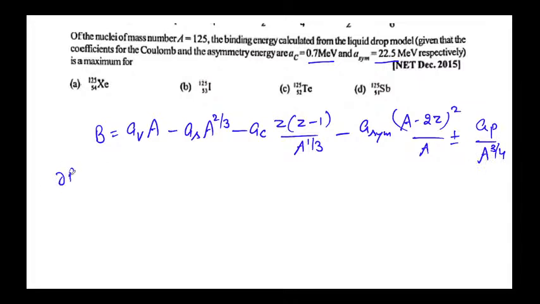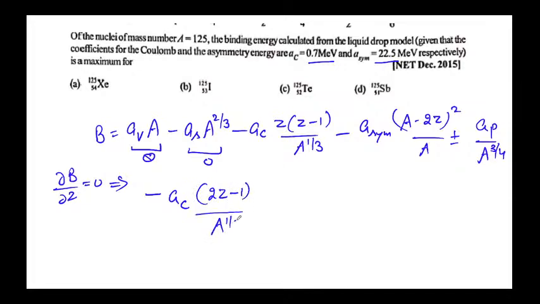So again dB/dZ equals 0 to find out the most stable isobar. The first term goes to 0, the second goes to 0, and the third term gives 2Z minus 1 over A^(1/3), plus the asymmetry term.